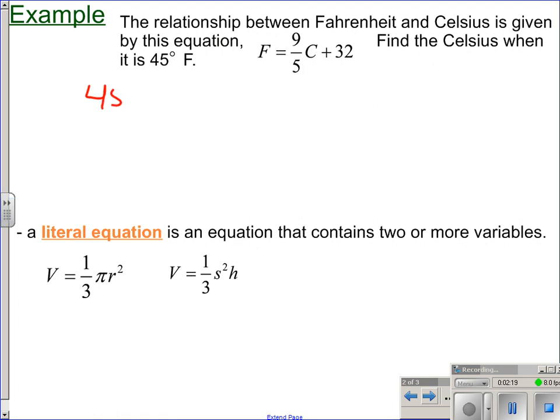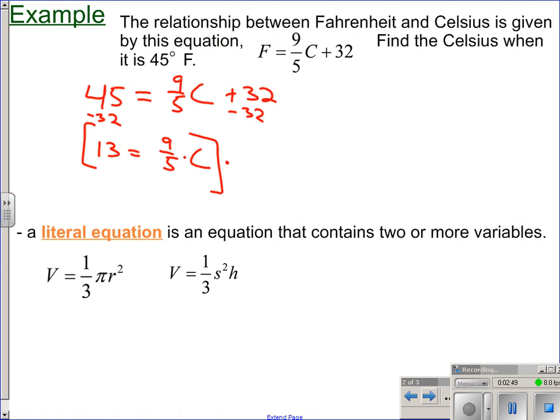So plug in 45 degrees for F. That is 9/5 C plus 32, and we're just trying to solve for C. So the first thing we're going to do is subtract the 32. You get 13 equals 9/5 C. Okay, we've got 9/5 times C. You could divide by 9/5, but I think there is an easier way: multiplying both sides by 5/9.